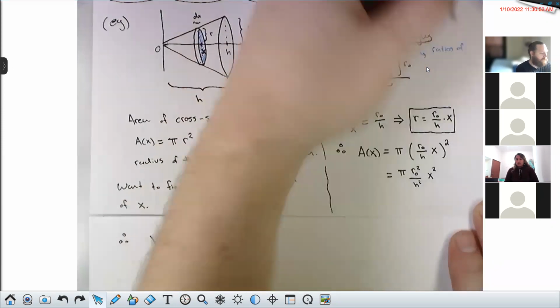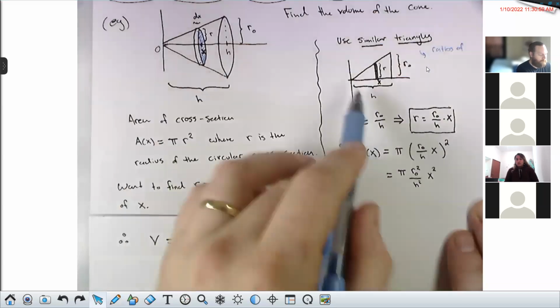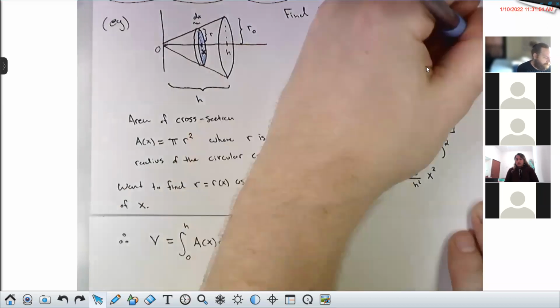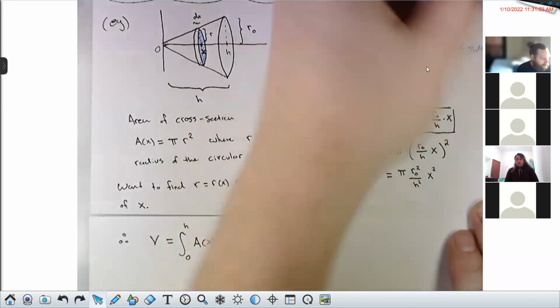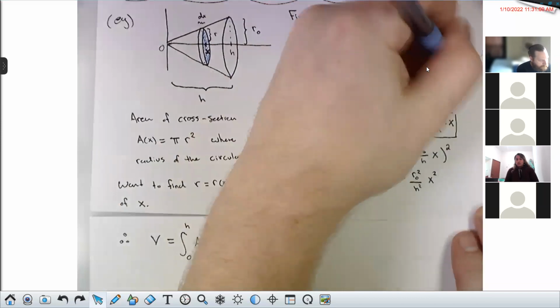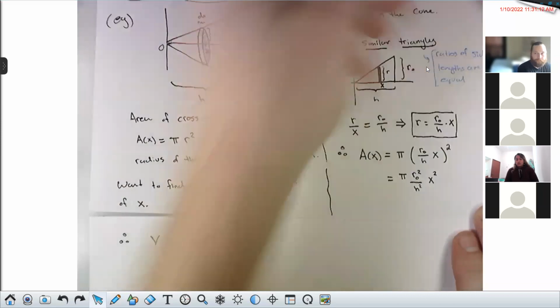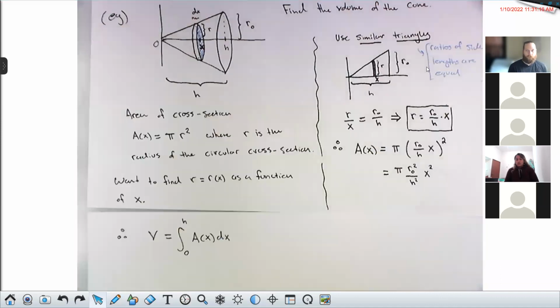In other words, when you take one side length and divide it by the other for the big triangle, that's the same as when you take one side length and divide it by the other for the little. That's what similar triangles mean. So if I take this opposite side divided by this adjacent side for the big triangle, that's the same as this opposite divided by the adjacent for the little triangle.